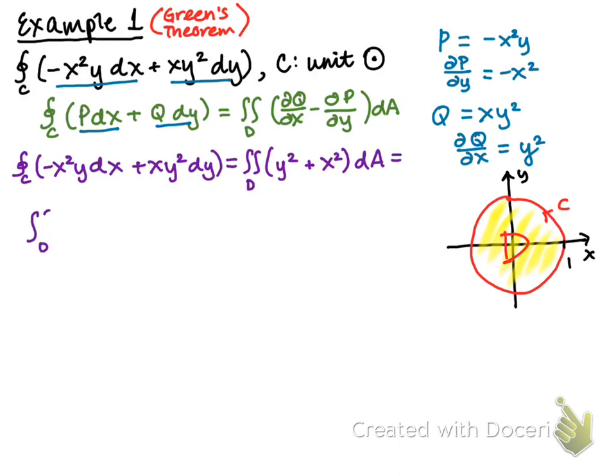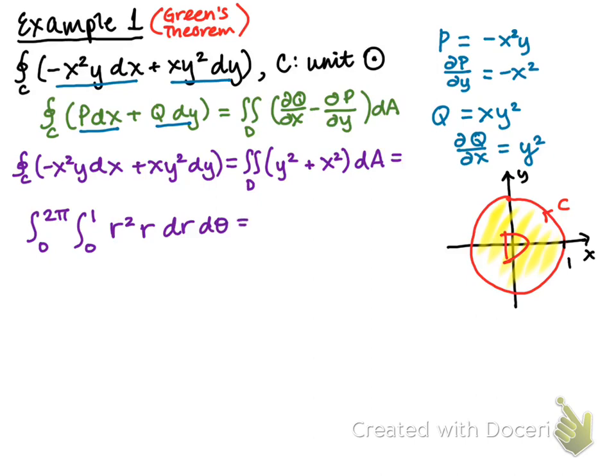from 0 to 2 pi, the integral from 0 to 1, and of course x squared plus y squared is r squared in polar, and then I need my magnification factor, which is r, and dr d theta.